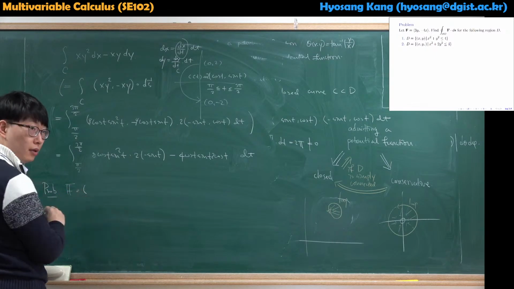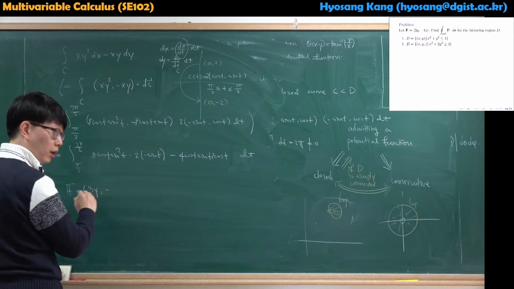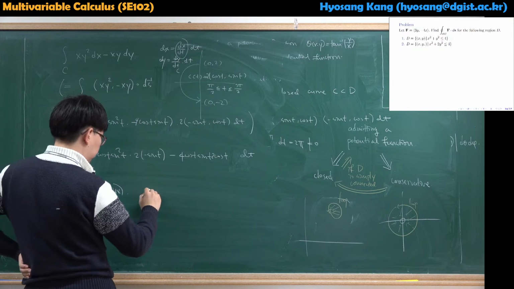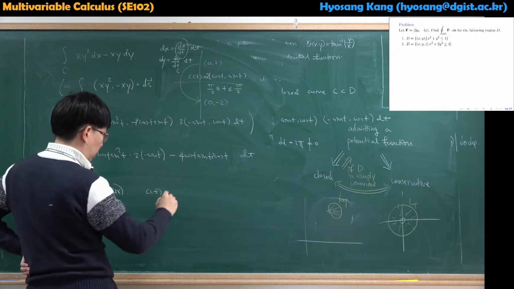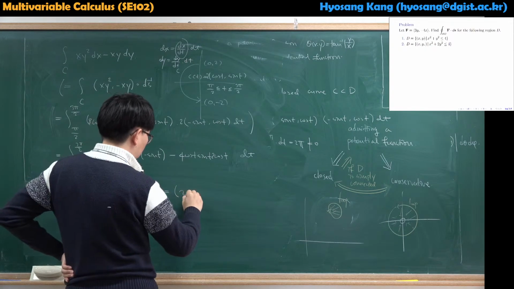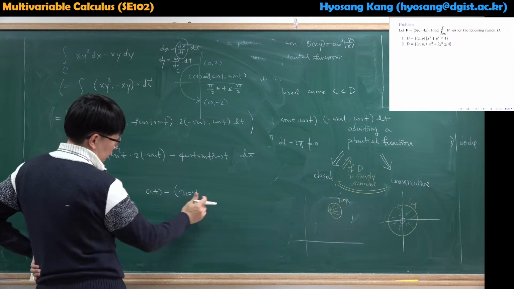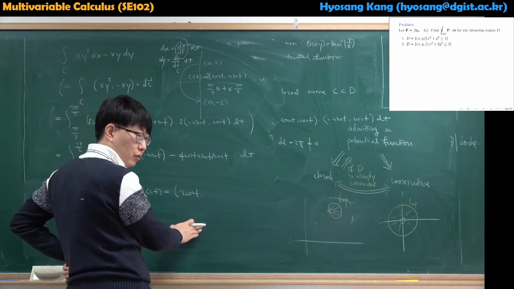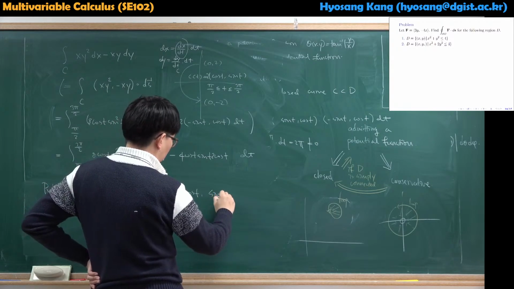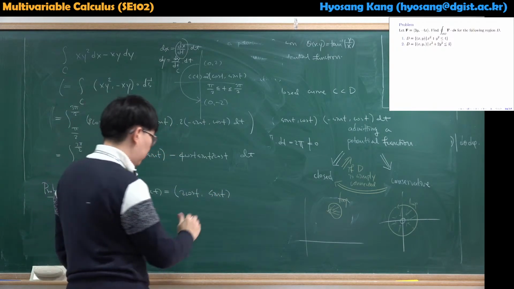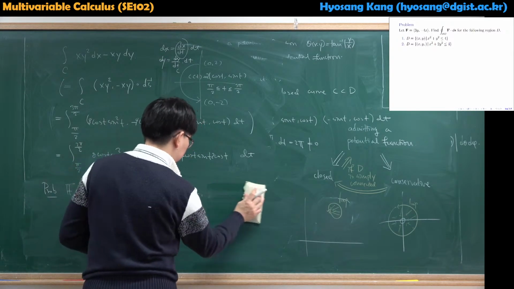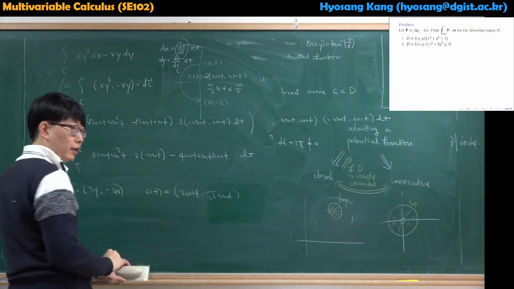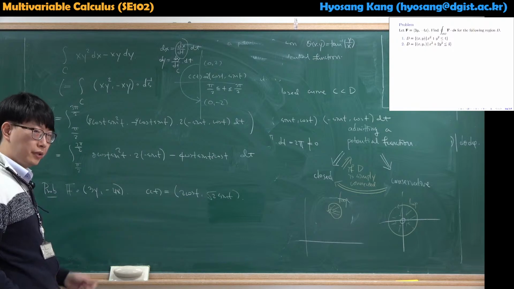I have a vector field 3y minus 4x, and I want to parameterize this by 2 cosine t. Now, in order to have x squared plus 2y squared equal to 4, I need sine t for y, right? Square root of 2 sine t. That's a parameterization of the elliptic curve.